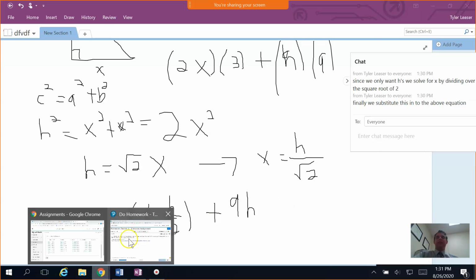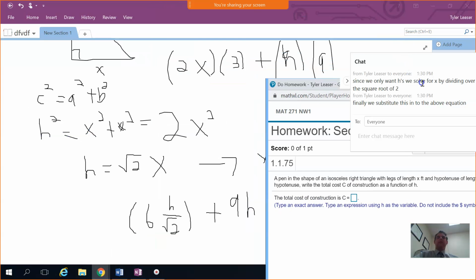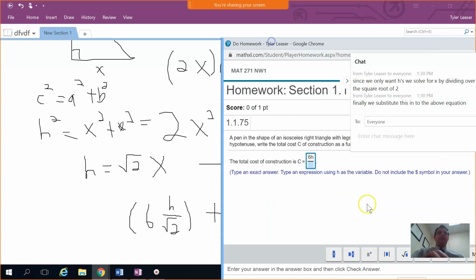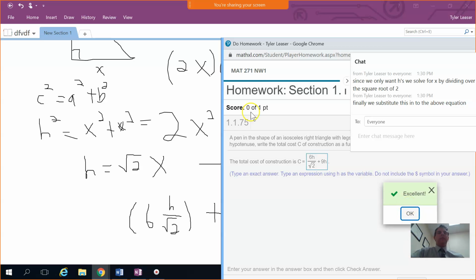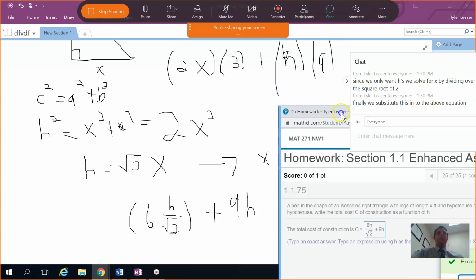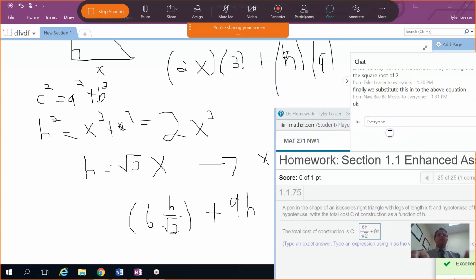And then we can type that in. I know it looks awful, and I guess you really should simplify it, but I'm just not going to do that. So 6h over the square root of 2, plus 9h, after substituting the x out.